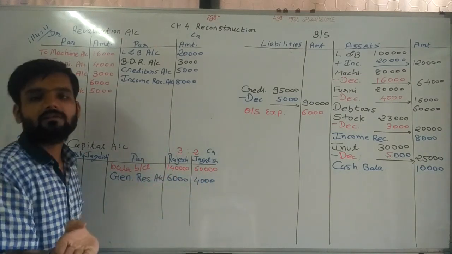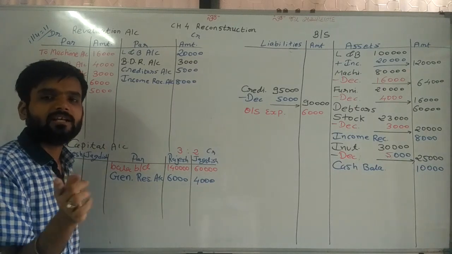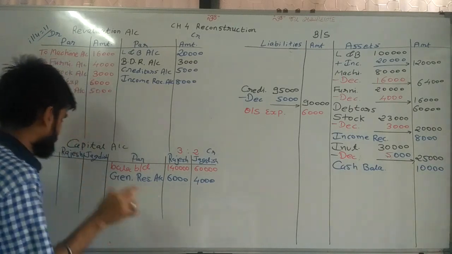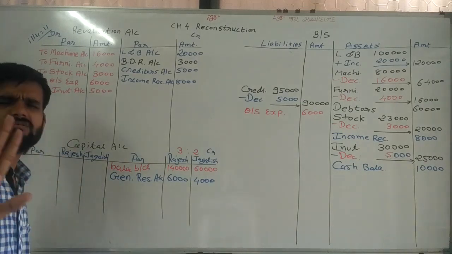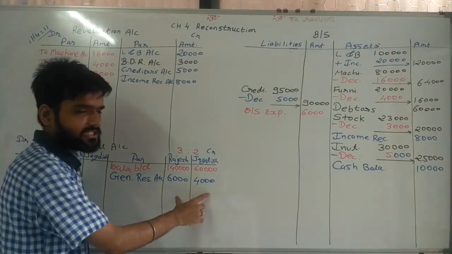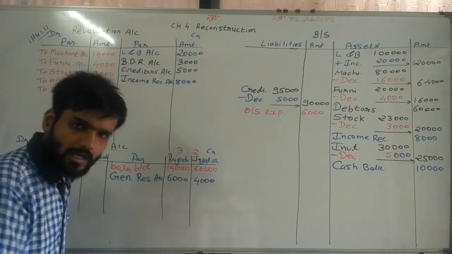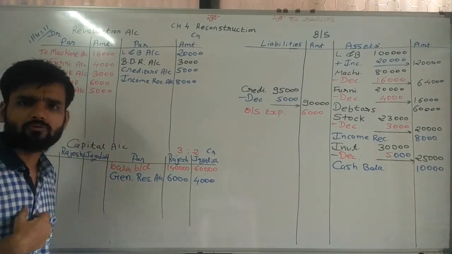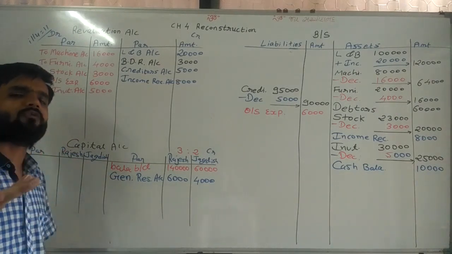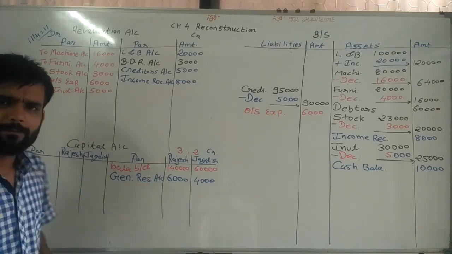If it is given on the asset side, then it's a fictitious asset and distributed on the debit side. We can say in short, if given on the liability side, then distribute on the credit side. If given on the asset side, then distribute on the debit side of the capital account, because it is P&L account balance. And P&L account means profit or loss which is distributed among the partners.